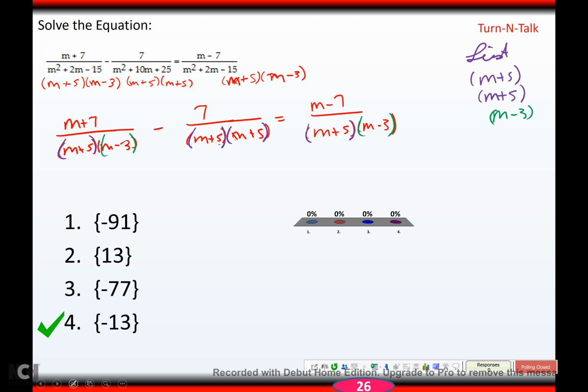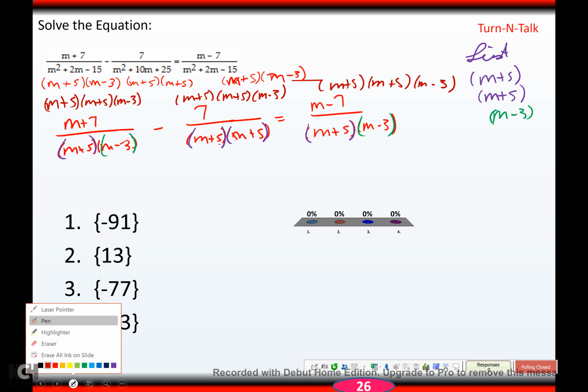So what I'm multiplying through by to clear my fractions is going to be M plus 5, M plus 5, M minus 3. Now we multiply. The M plus 5 is going to cancel.